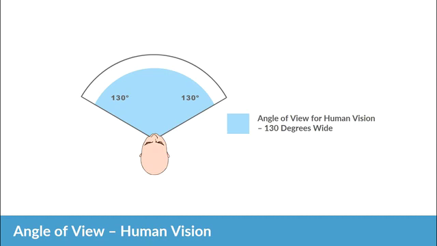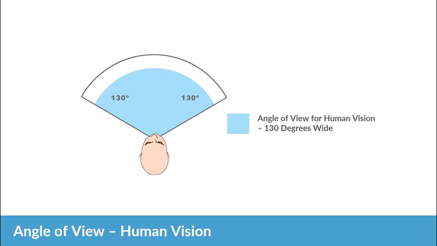If we stand still, we don't move our head, we don't move our eyes, and we just look forward, the view of the world is about 130 degrees. You can see that in the slide here. Now, this might seem very, very wide. However, there is a very big difference between the width of view that we can see and the width of view that's actually in focus. So this is another distinction that we need to make.